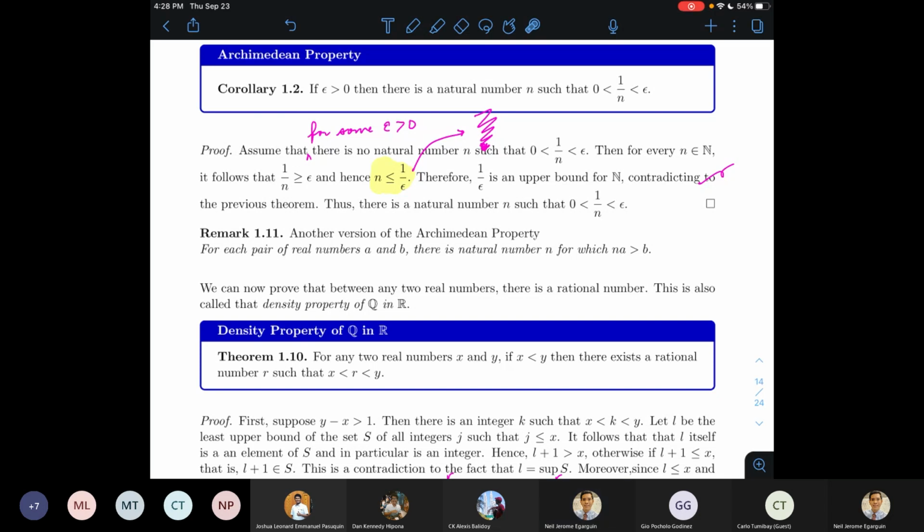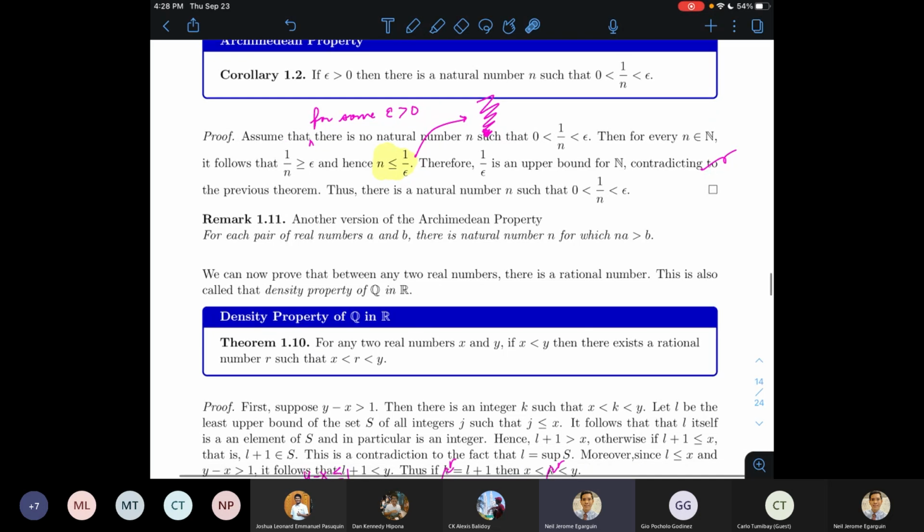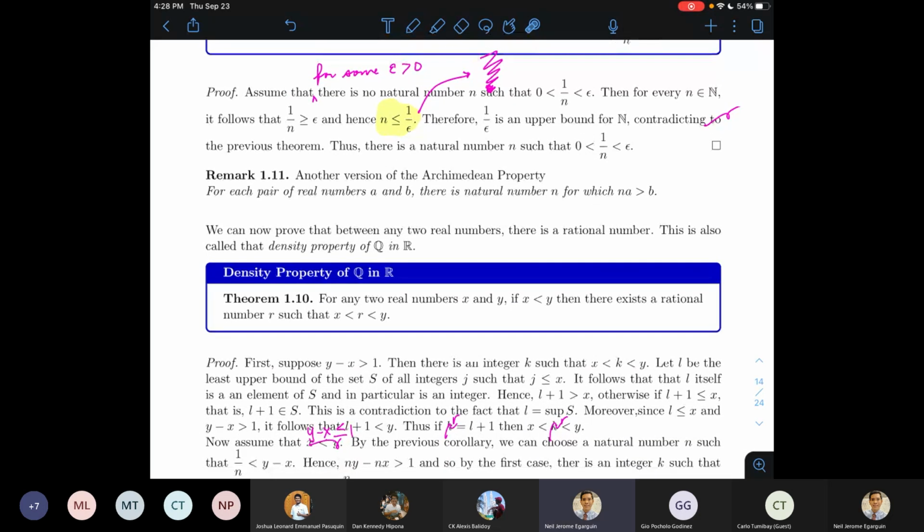Okay? Now, remark 1.11 presents an alternative version of the Archimedean property. Usually, ito yung ginagamit kong version ni Archimedean property kasi madali siyang tandaan.